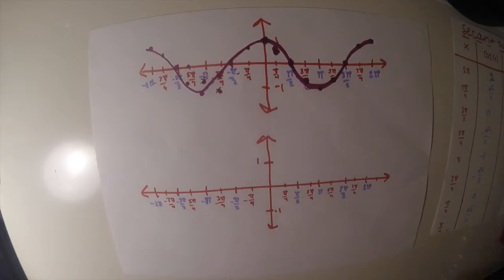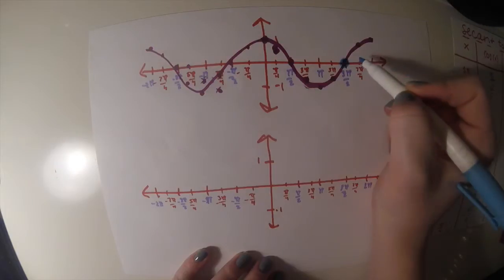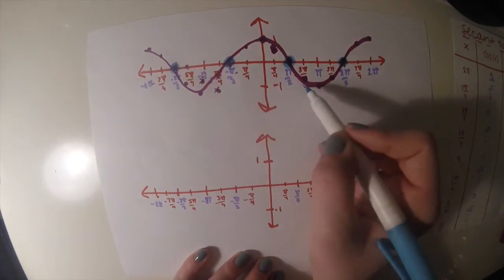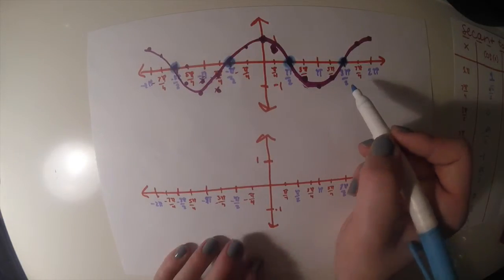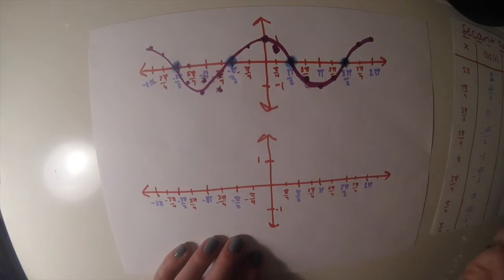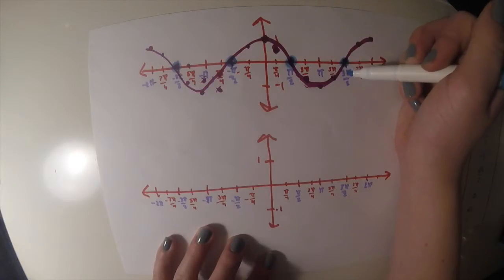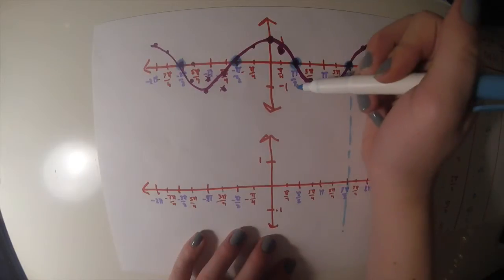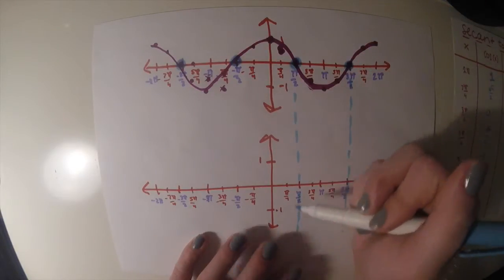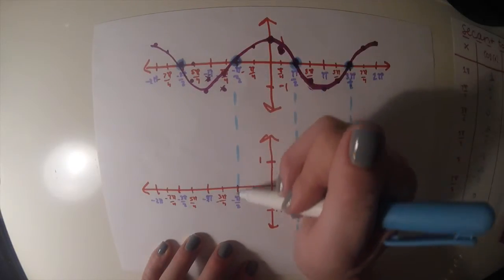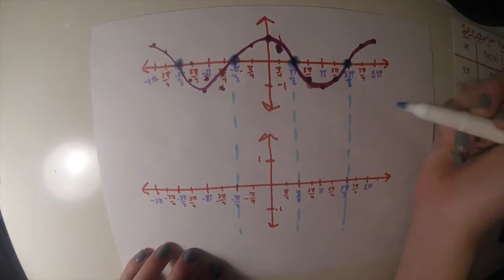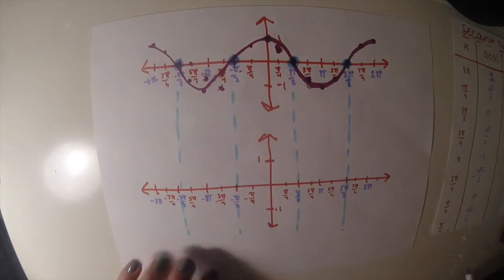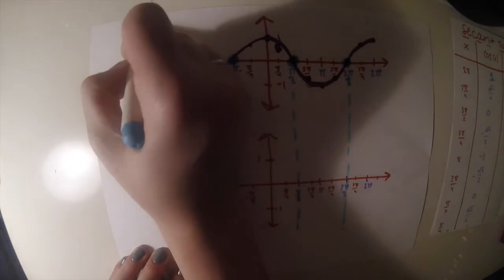And wherever cosine of x crosses, right here, right here, right here, and right here, which is pi over 2 and 3 pi over 2, all the pi over 2s, that's going to be the asymptote. So I'm just going to drop that down, do a little dotted line to show exactly where the secant graph will not cross.